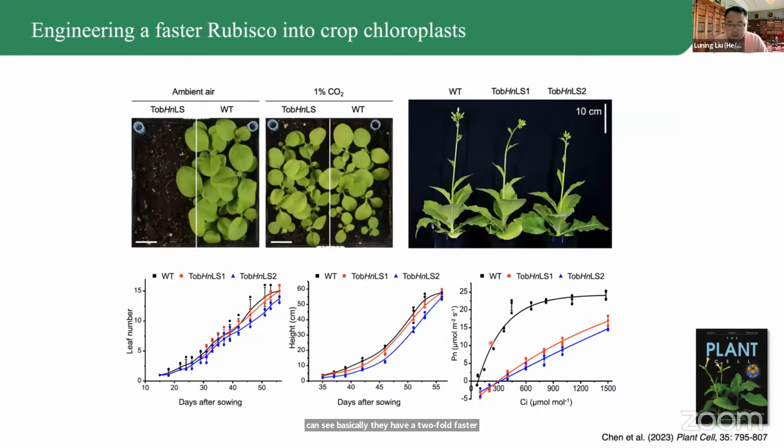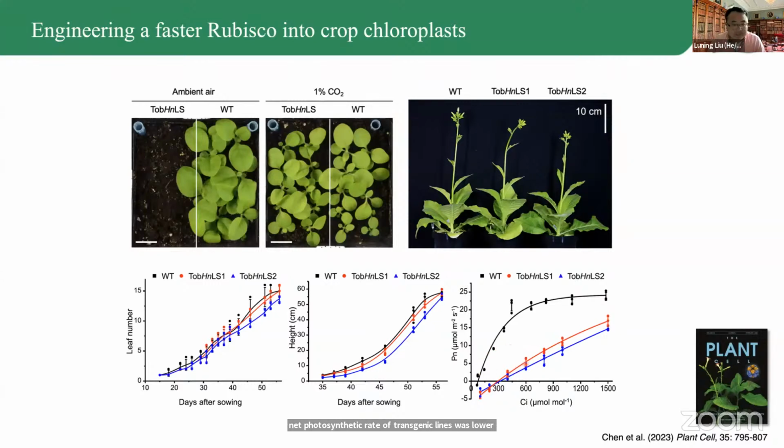So we compared the growth of wild type and transgenic plants in air and CO2 conditions. The transgenic plant shows essentially the same growth rate as the wild type in air supplied with 1% CO2, but could not survive in ambient air conditions. The gas exchange experiment revealed that the net photosynthetic rate of transgenic lines was lower than the wild type.